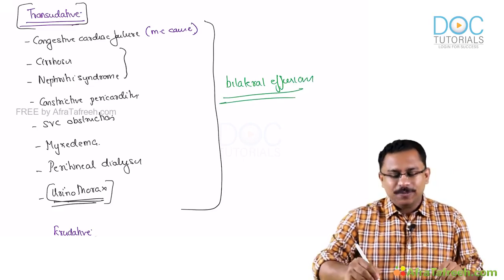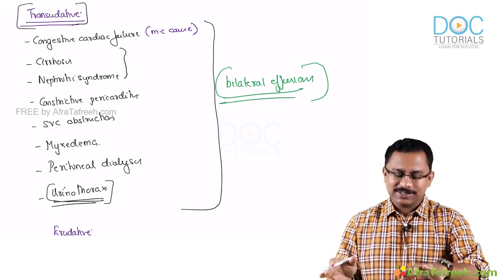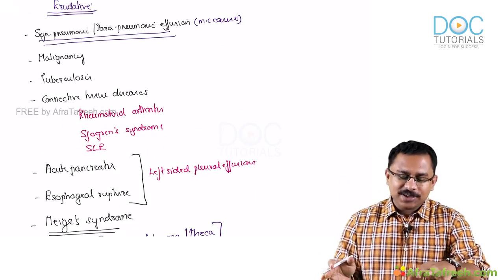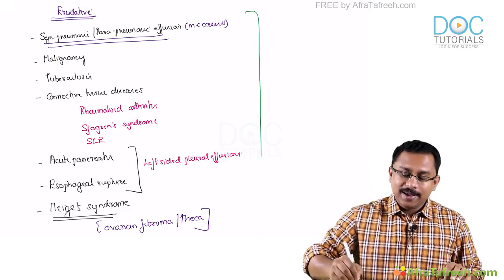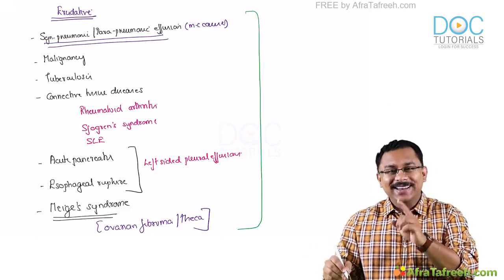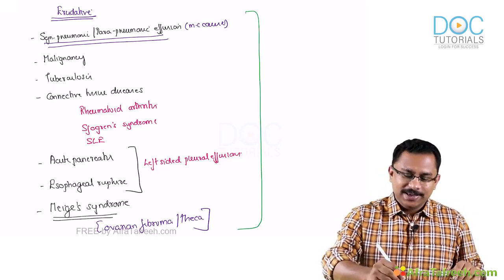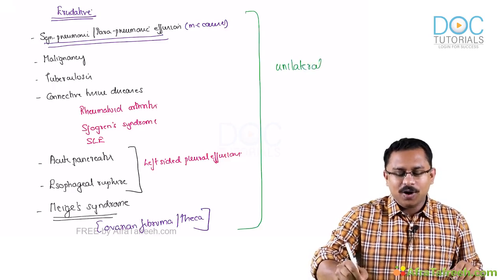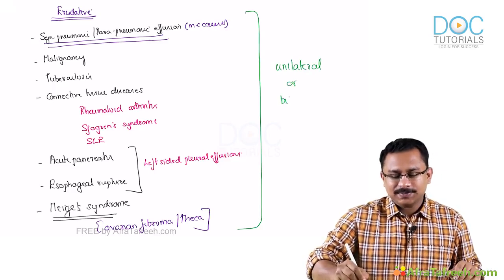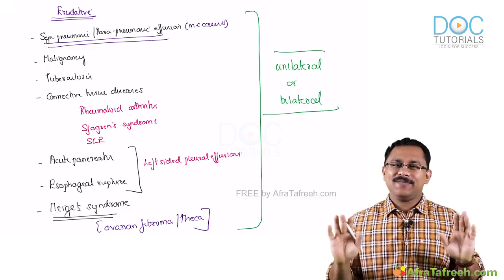So the effusion will not be unilateral, they will cause bilateral effusions. And all these causes of exudative effusions may cause either unilateral or bilateral effusions. You cannot be 100% sure. Very clear?